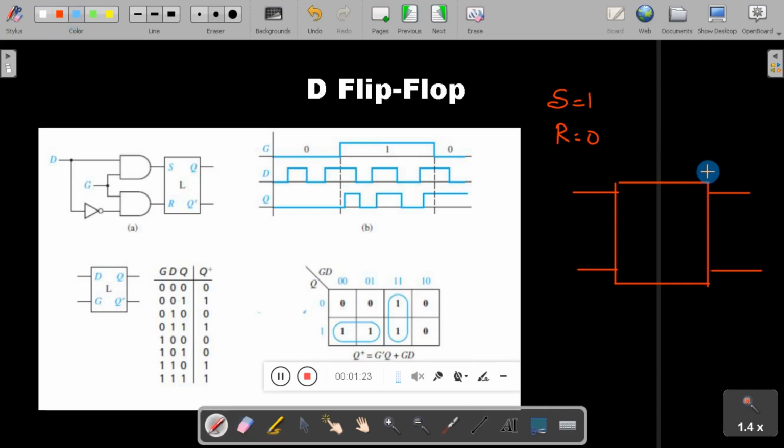The two outputs are Q and Q bar, and the two inputs are S and R. So now, in order to convert SR into D, I will use an inverter in between S and R, and I will call this point D. D means data. So now SR flip-flop is converted into D by connecting an inverter between S and R.